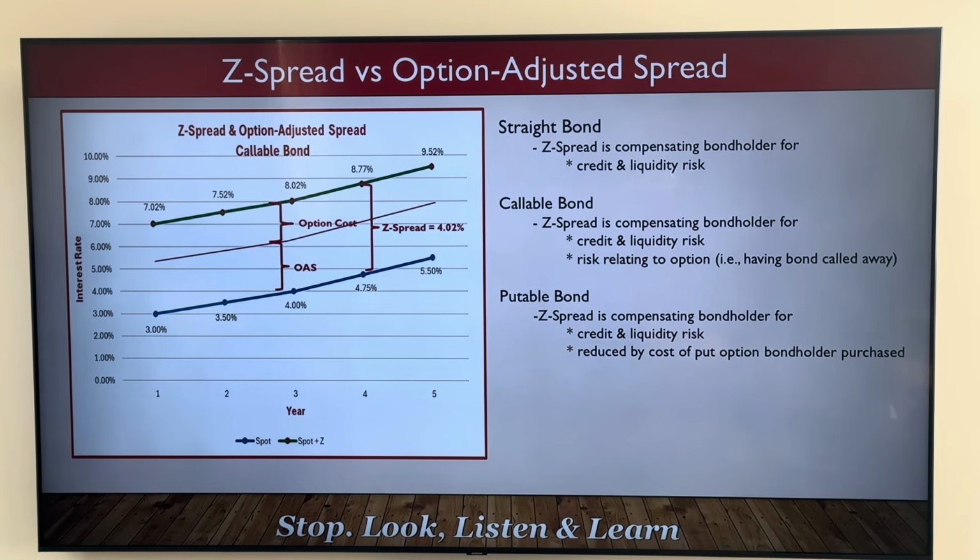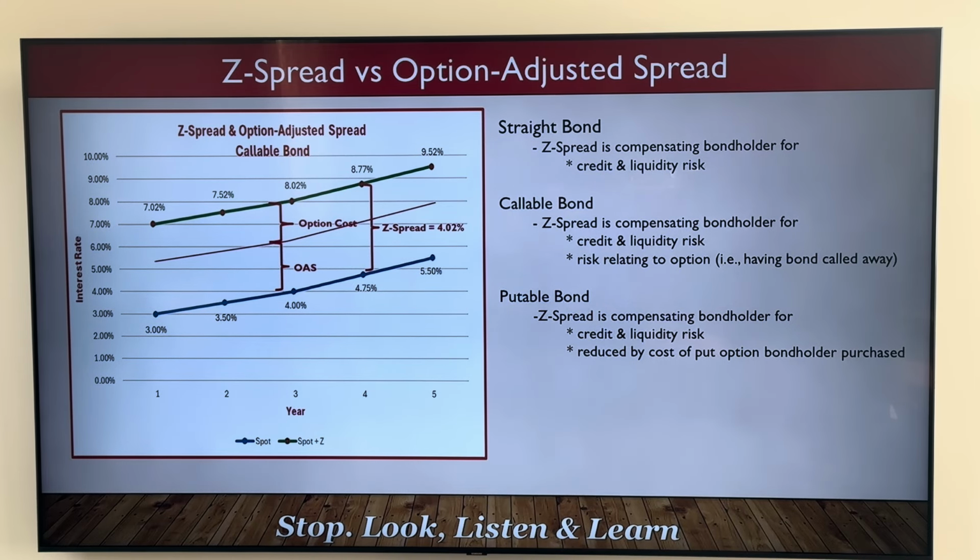So what that means is that you as the bondholder are going to be short that option. In other words, you're going to sell the issuer that option. And because you are giving up the right to hold that bond to maturity within your discretion, you need to be compensated for giving up that right.